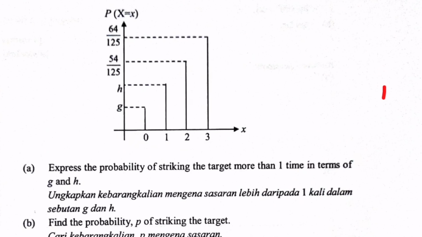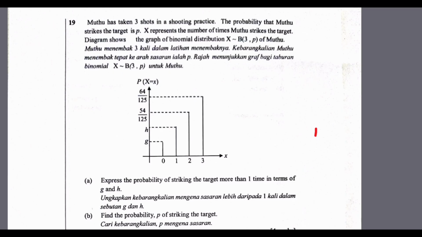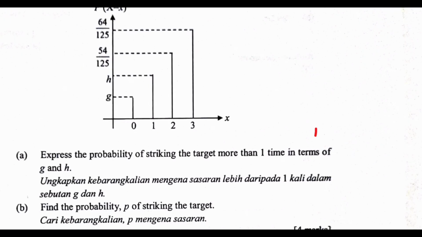So the question is asking for the probability of striking the target more than one time. If you observe the graph, more than one is not inclusive of one, isn't it? So it's actually the probability of 2 and 3, right? So how do we do this?